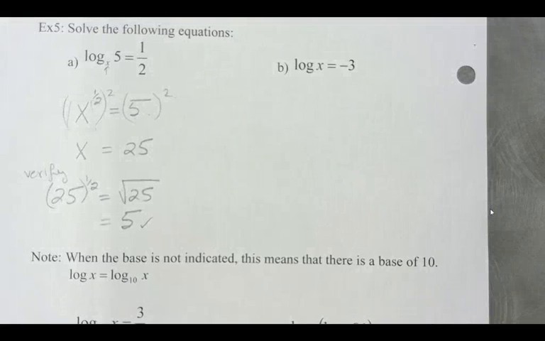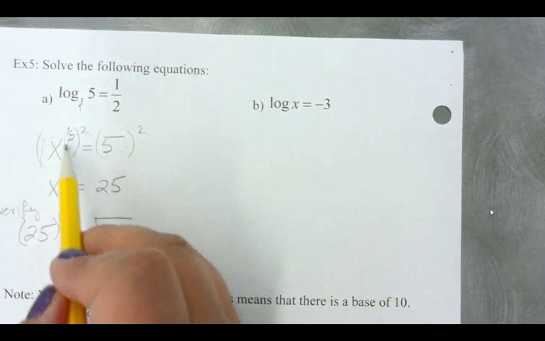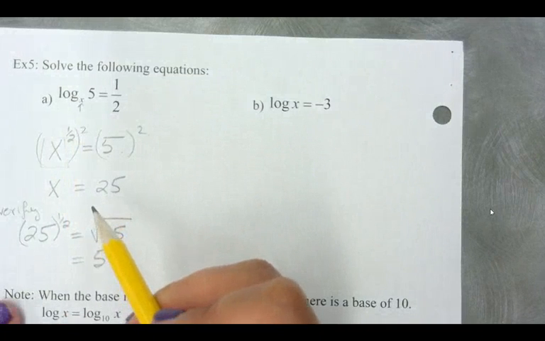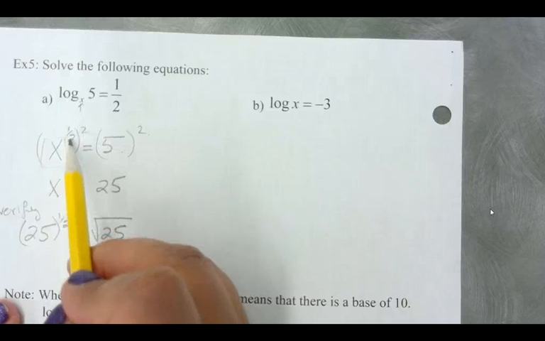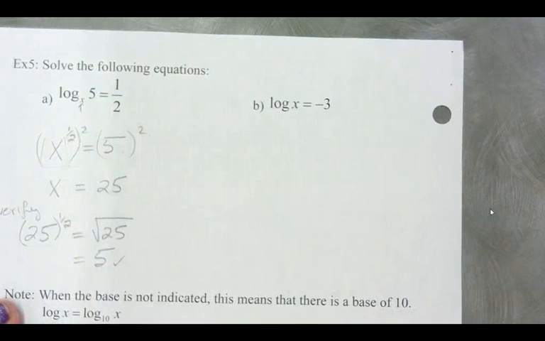So I'm okay. Now, let's say, for example, this wasn't 1/2, it was 1/3. What would I do to each side? Yeah, you'd cube it, right? So whatever number is in the denominator here, you would raise both sides to that power.